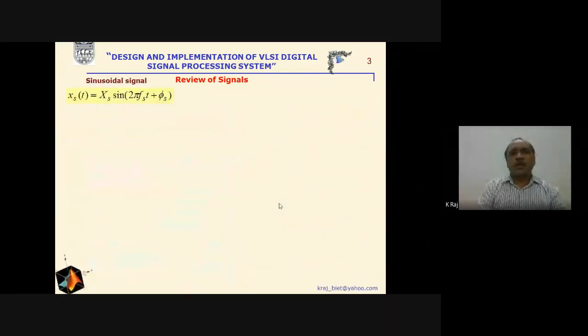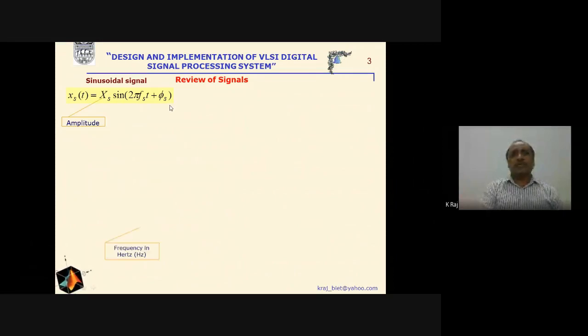Now we are moving to the example of the mathematical representation of the analog and the discrete time signal as well as their graphical representation here. For example, if we are interested in representing a continuous time signal, say the sinusoidal signal, then this is represented as x_s(t), where s represents the sine, and it is a function of t for each and every value of the small t, and this is equal to X_s sin(2 pi f_s t + phi_s).